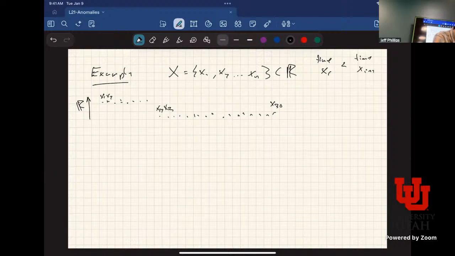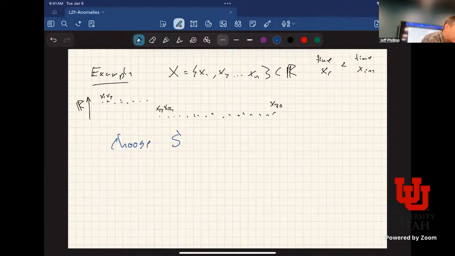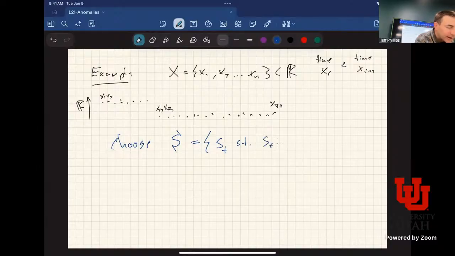And so now I want to choose my subsets to be the family of S_T, such that S_T equals the set of x_i defined by i less than or equal to some value T. So there's some value T, and this defines a subset.